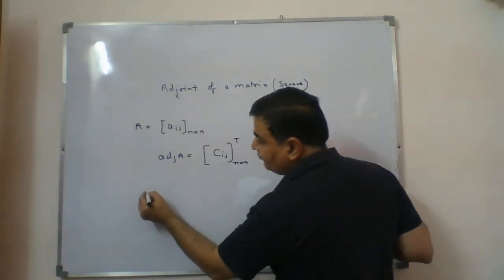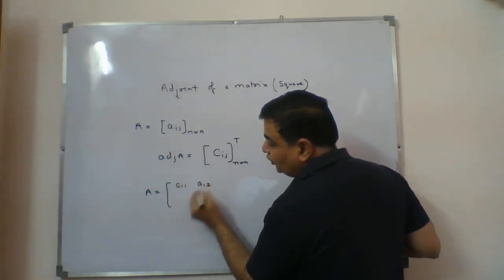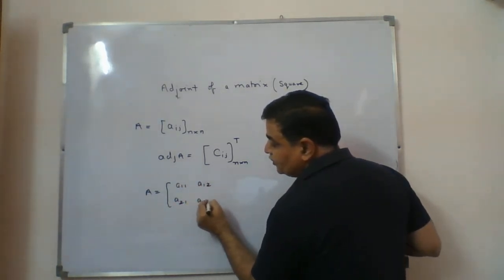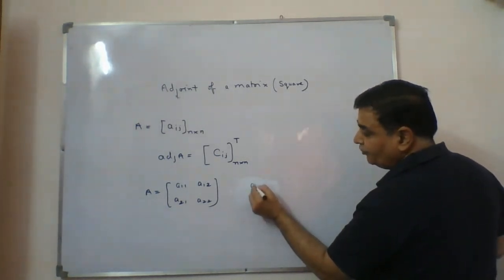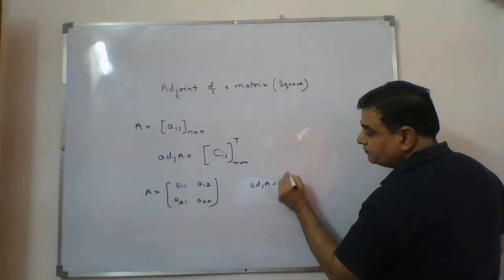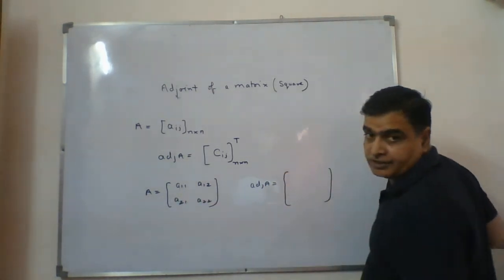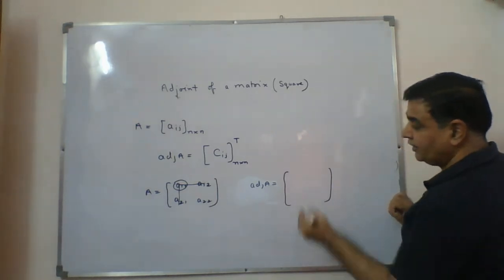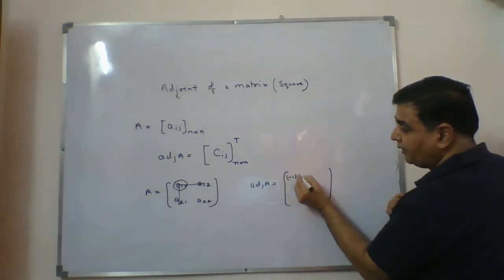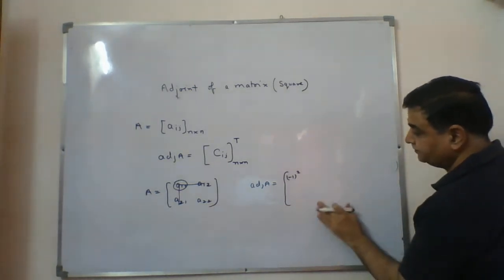For example, if I take one matrix, A11, A12, A21, A22, and I ask you to write down the adjoint of A, then first thing I do is calculate the cofactor of it. So if we want the cofactor of it, what should I do? Leave this, leave this. What should I write here? Minus 1 power 2, and then this element A22.